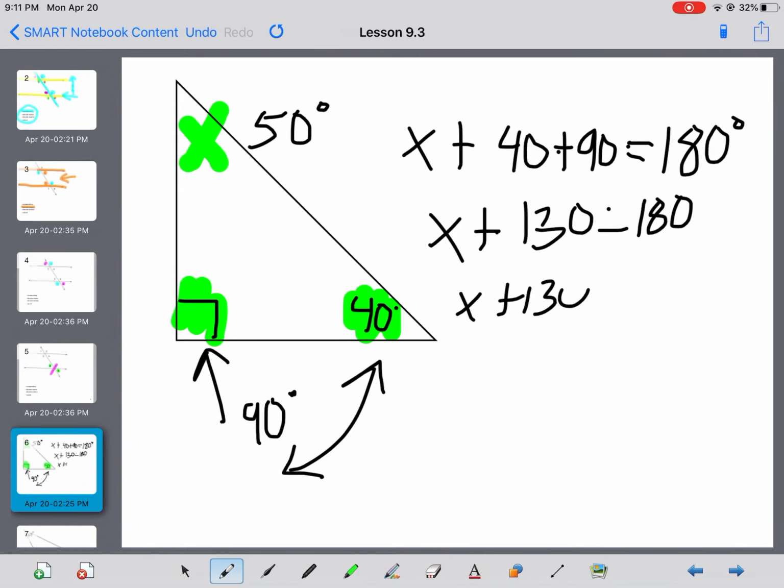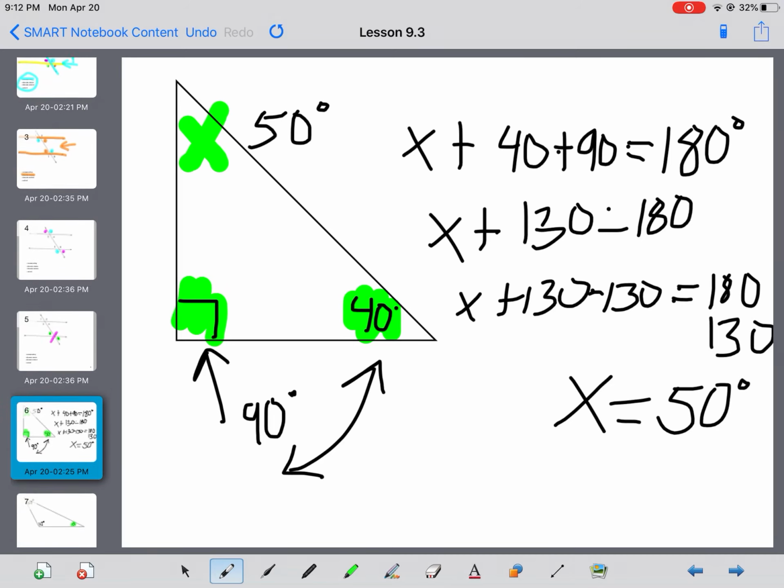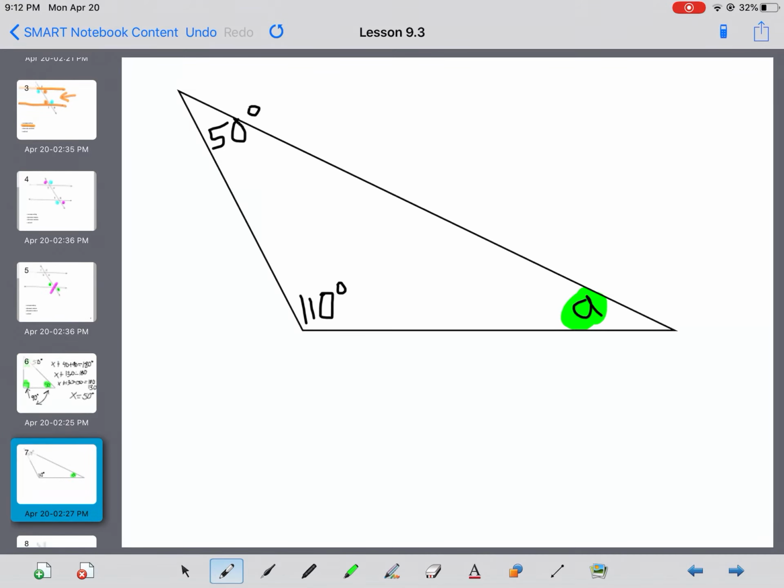X plus 130 minus 130 equals 180 minus 130, which I don't quite have room for. And then you would get x equals 50 degrees. So it's not that you need to solve it algebraically, I just want to show you how algebra works in this situation.